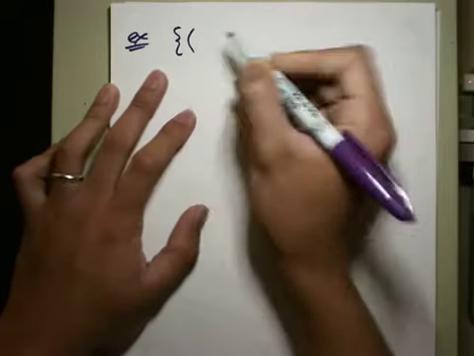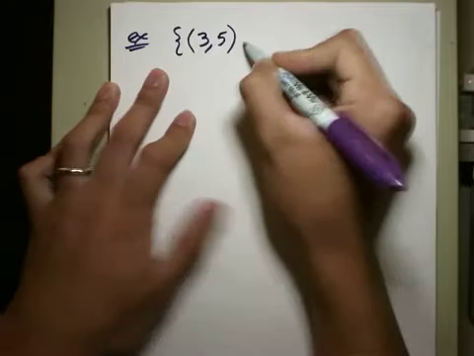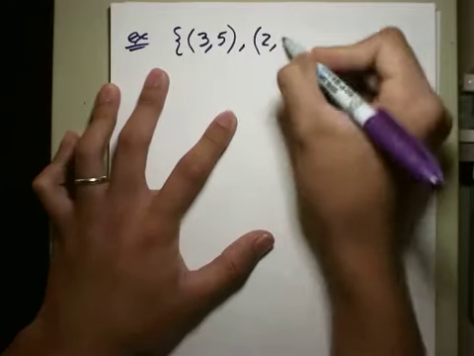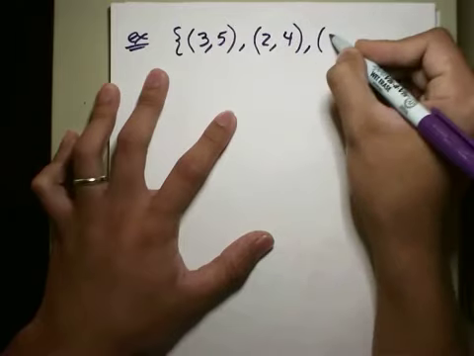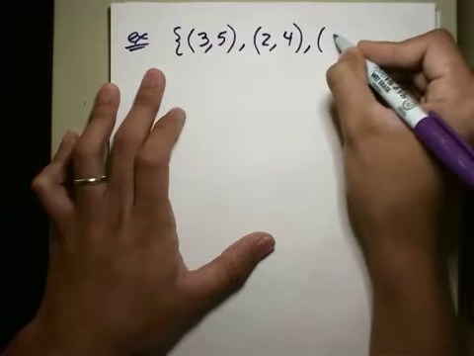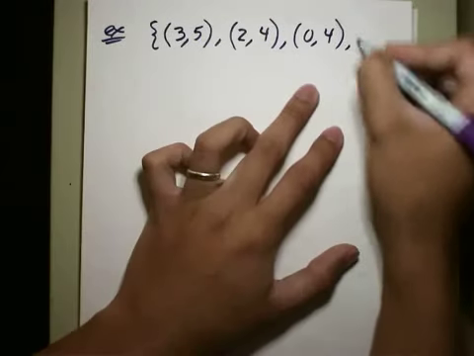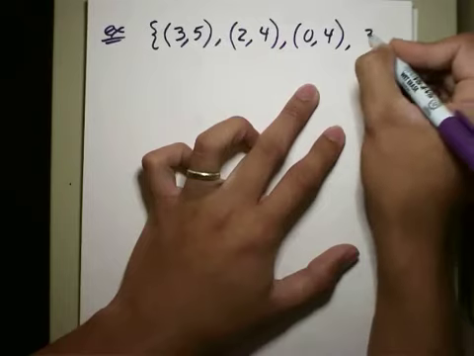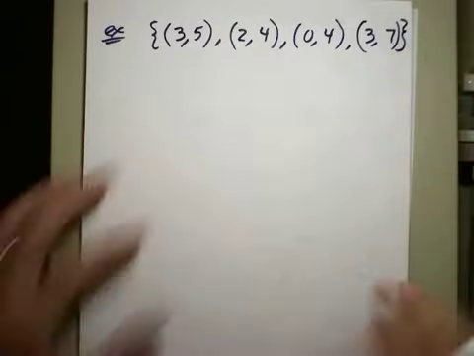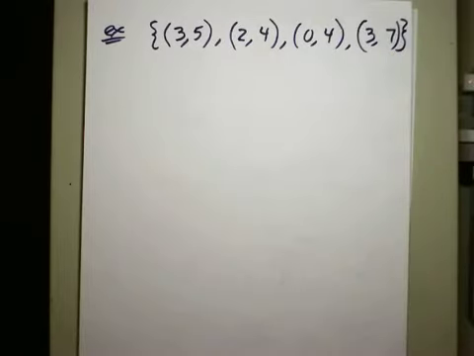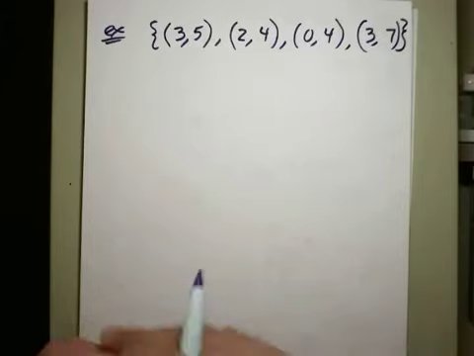So here's my first point. 3, 5, 2, 4. Let's try another one here. 0, 4. 3, 7. Okay, I'm just making up random points, and I want you to represent it using a table, a graph and using a mapping diagram.